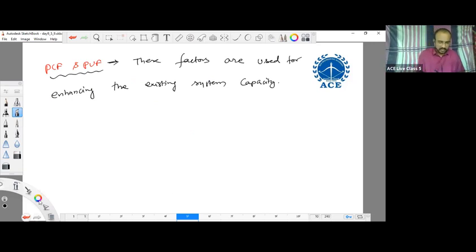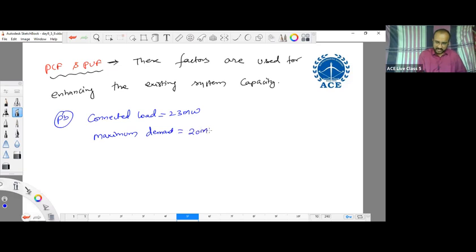If the connected load is 23 megawatt, maximum demand in the station is 20 megawatt, and number of units generated is 61.5 into 10 power 6 units per annum.